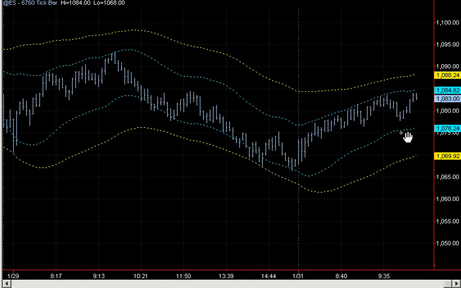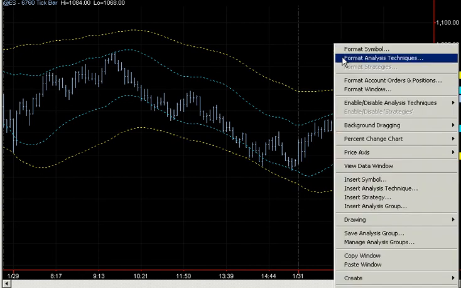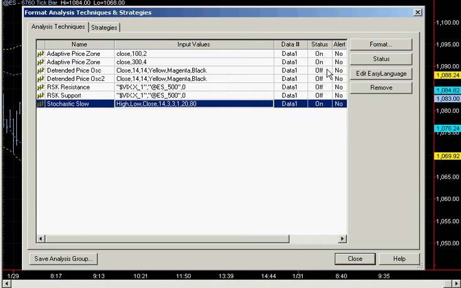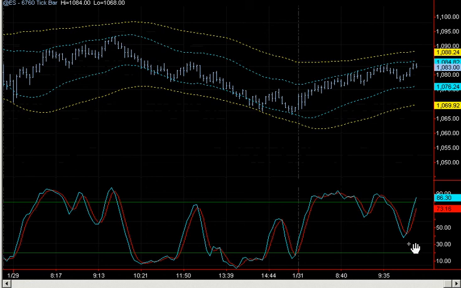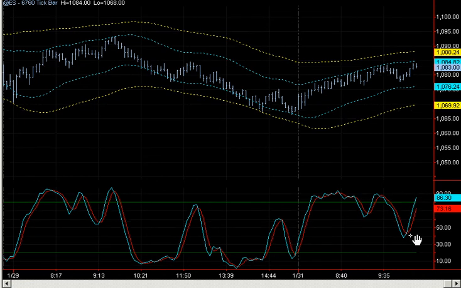So instead, just simply using a stochastic approach, that would allow us a little bit more opportunity to get in. But as you noticed in the previous discussion, that was still late compared to the group reversal system.